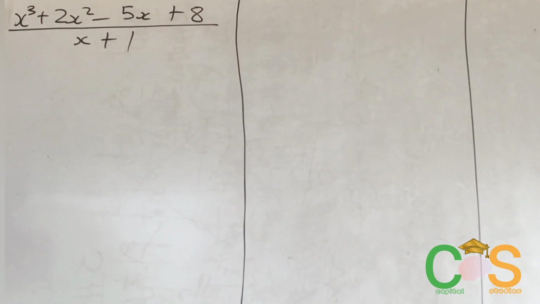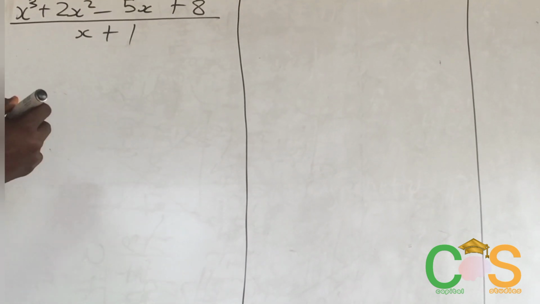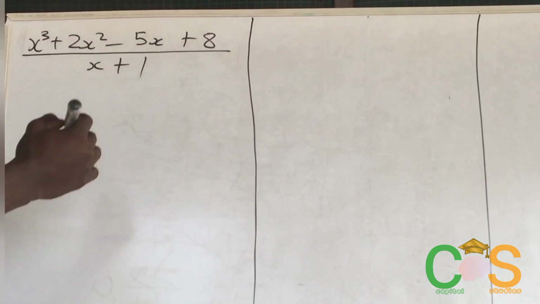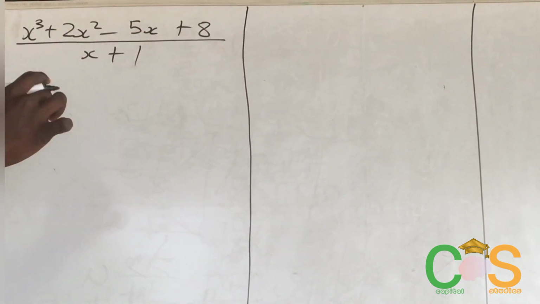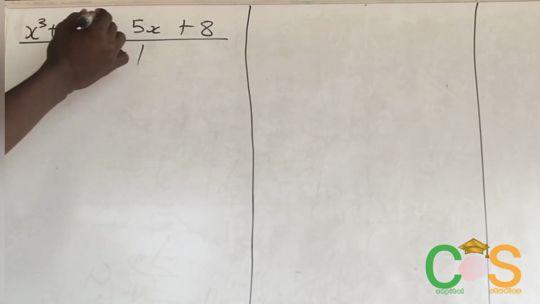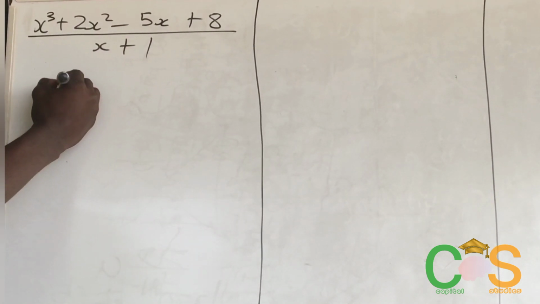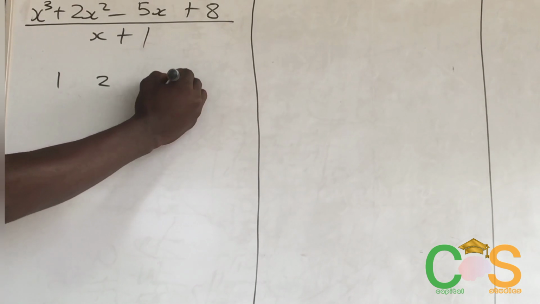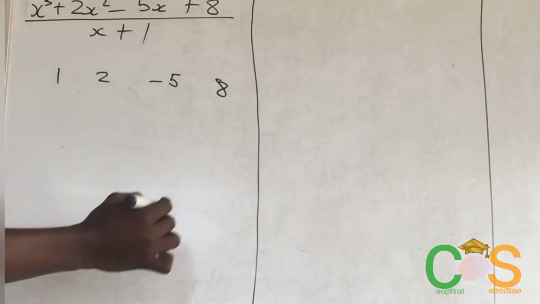For the synthetic method, you first write down the coefficients of the polynomial function: 1, 2, minus 5 and positive 8.